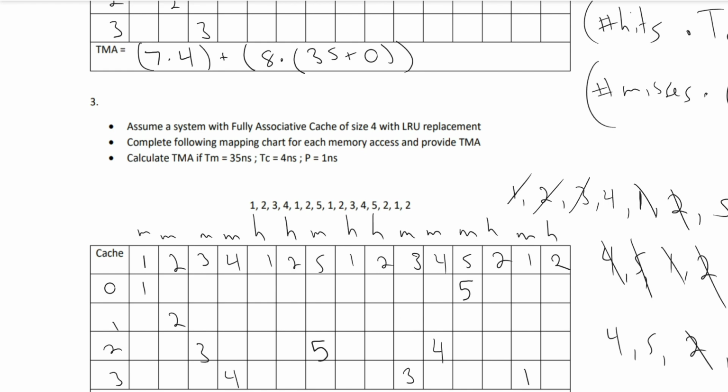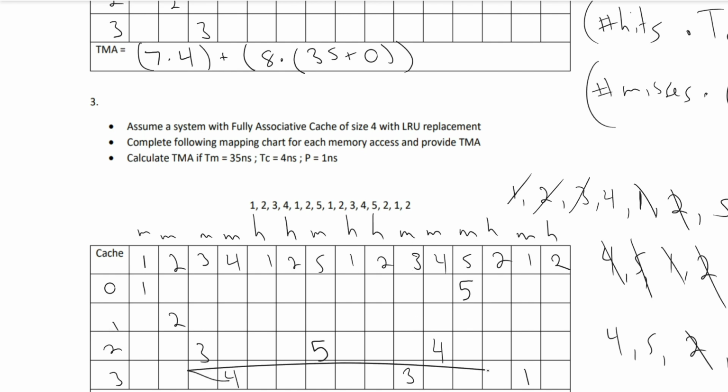Because the cache size is 4, that's why it's a little bit confusing, because it's messy. You have to know that these are still in the cache right now. When you get to 3, 3 is not in the cache because it's 4, 5, 1, and 2 in the cache. But 4 is the oldest one, so you can cross out 4.